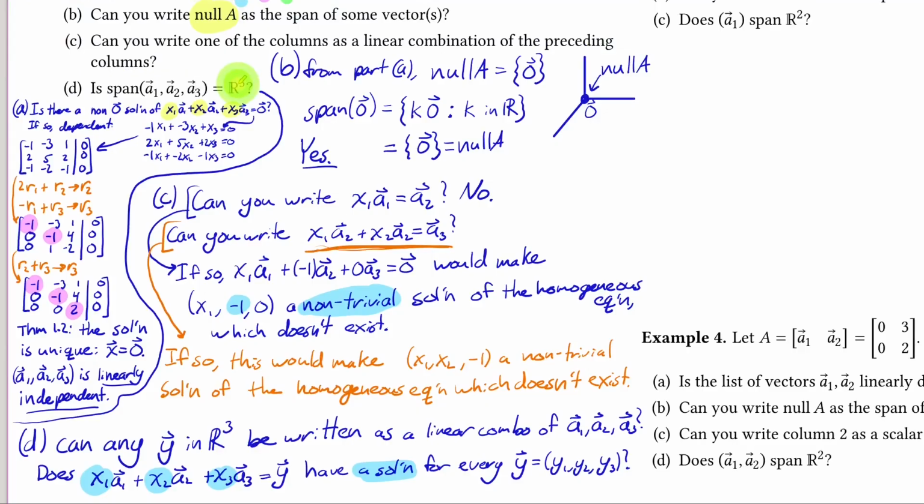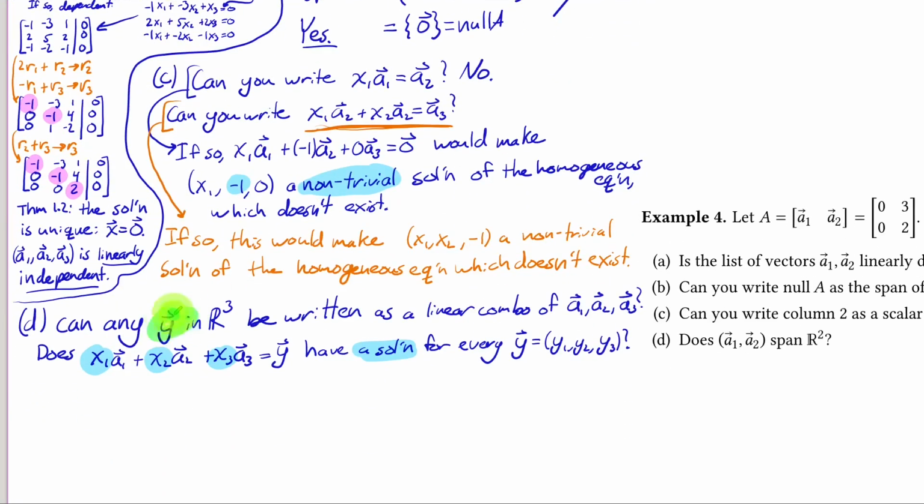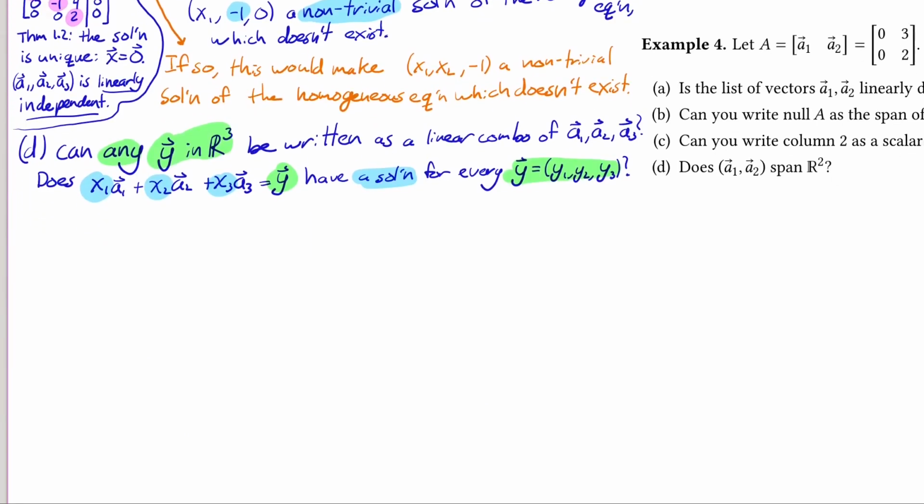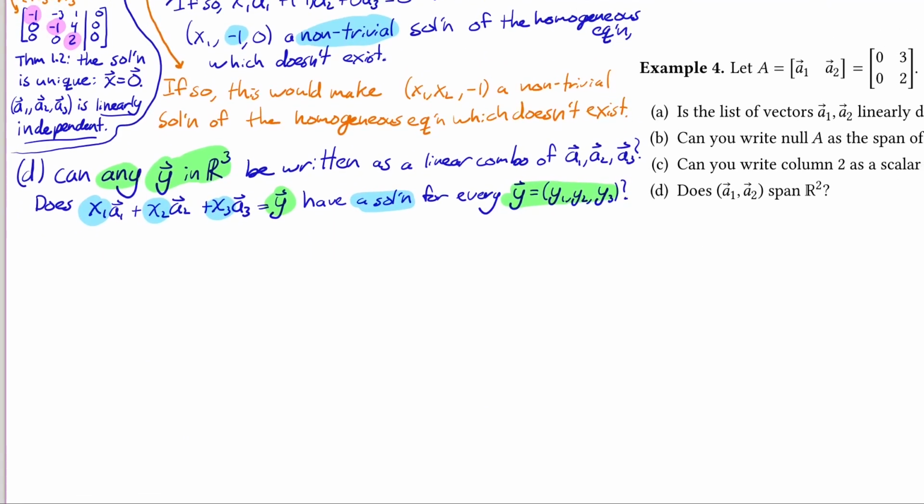It's like any vector in R3, any y in R3, can be written like this, as something in the span. So we've shown before a bunch of times why this vector equation is equivalent to the system of equations with the following coefficient matrix.